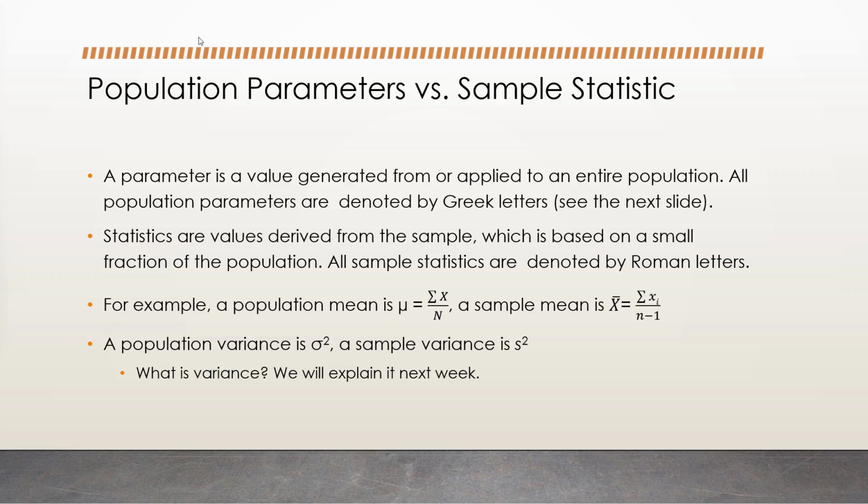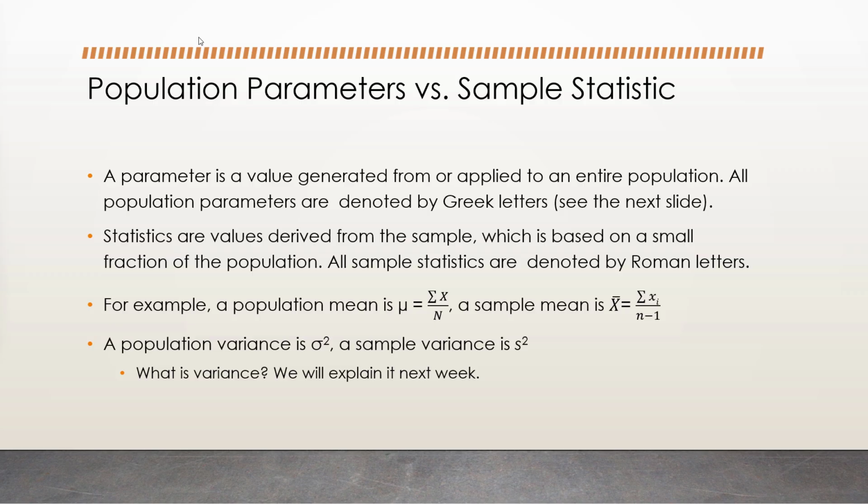Finally, let's distinguish between population parameters and sample statistics. A parameter is a value describing the entire population. For example, the true average time adolescents spend on social media is the population mean denoted by a Greek letter mu. A sample statistic describes a sample.